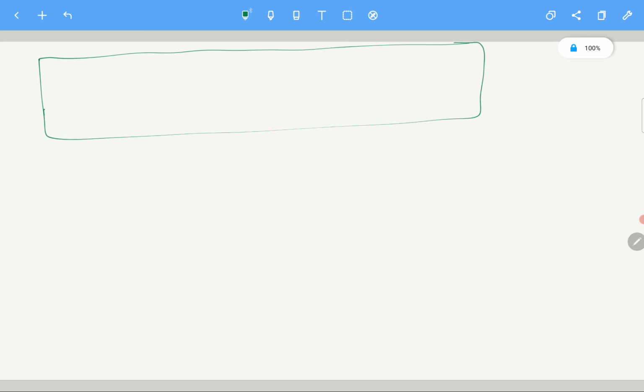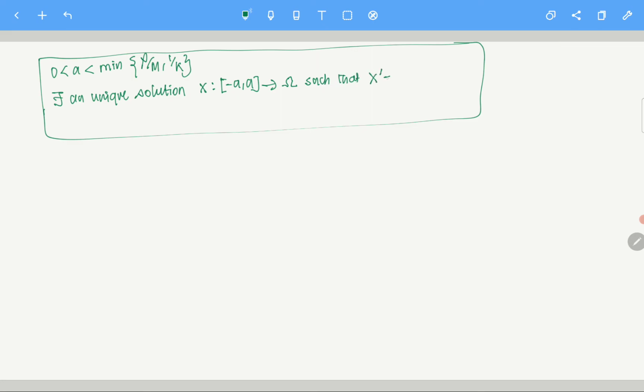We showed that if you define a to be the minimum of rho by M and 1 by k, where rho, M, k are whatever we just did, and if a lies between 0 and the minimum of this, then there exists a unique solution x from -a to a into some Omega, such that x prime equals F of x, with x at the point 0 equal to x naught, and F is given to be in C1 of Omega. Clear? So this is the result which we want.